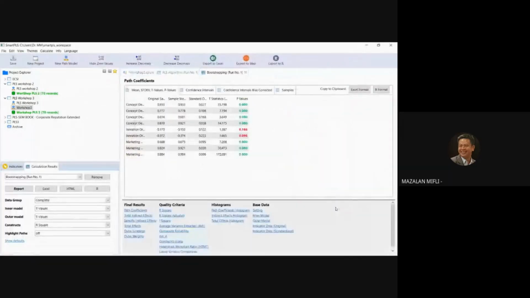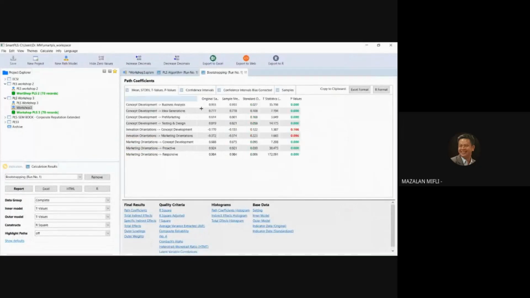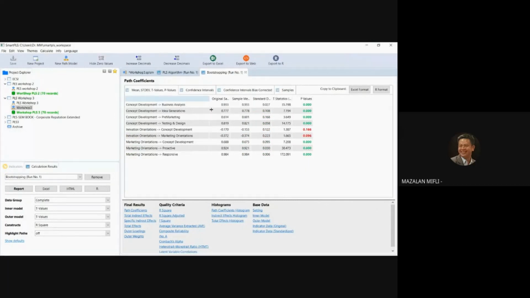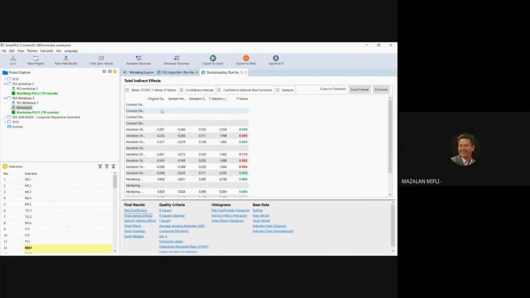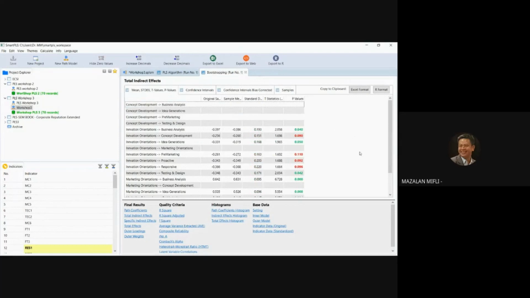There you go. Let's look at the total indirect effect. You click that indirect effect and you see whether it's significant or not.